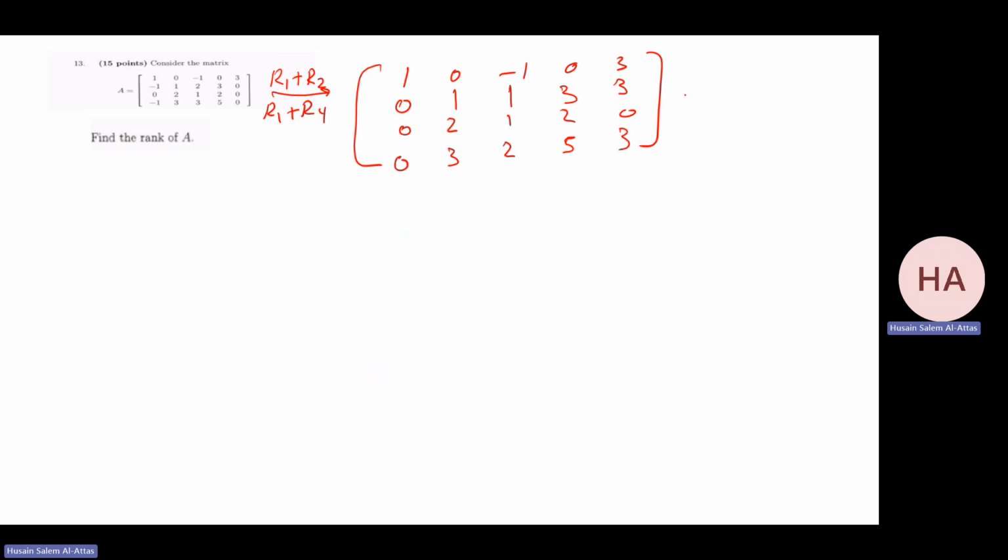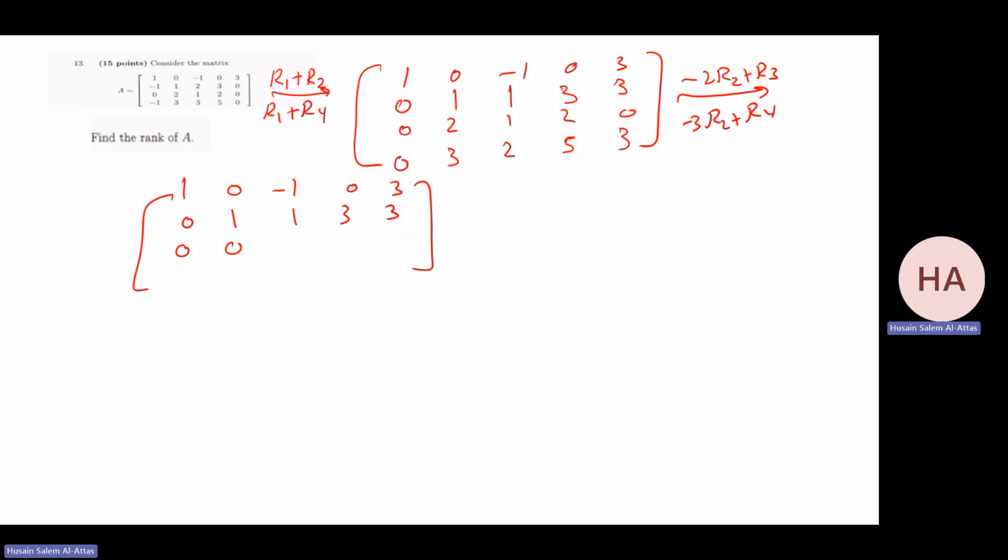Okay. Now multiply the second row by -2 and add it to the third, and -3 times the second row and add it to the fourth. Let's see what will happen. I have 1, 0, -1, 0, 3, 0, 1, 1, 3, 3. Okay, so I have the second row by -2: -2 times 1 plus 2, that's 0.